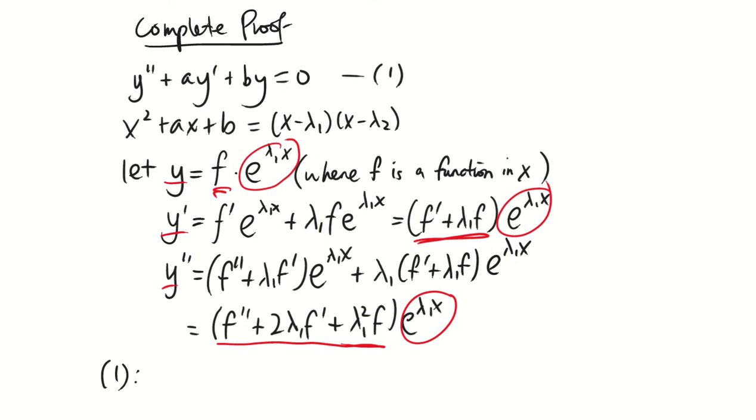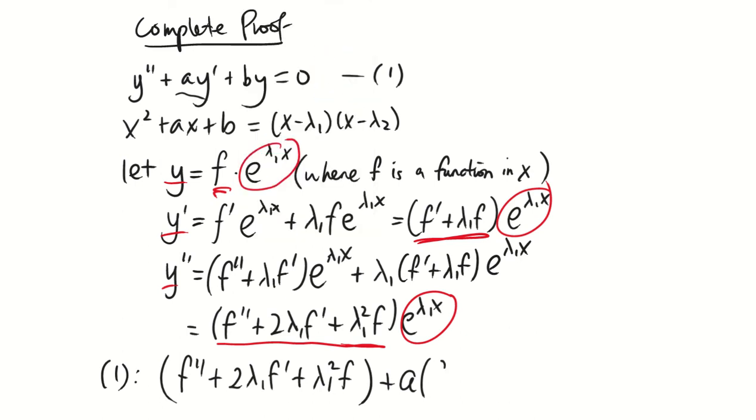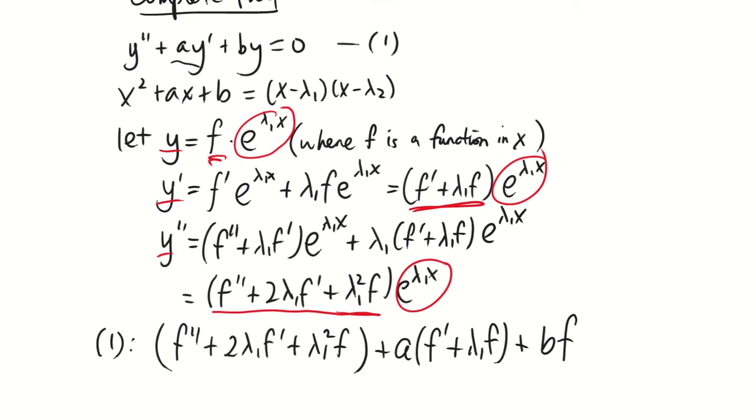So 1 would become, well, the first term is y prime prime, so that gives us f prime prime plus 2 lambda 1 f prime plus lambda 1 squared f. And the second term is a y prime, so that's a times the y prime part, the important bit is this part. And for the last one is b y, and so we have b times f. So this is 0.